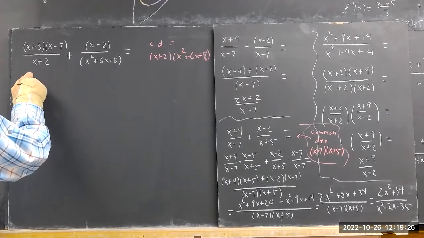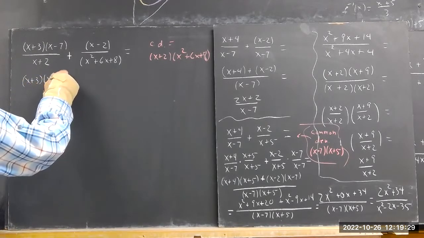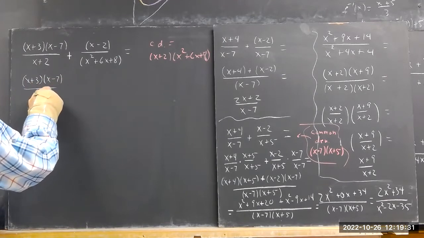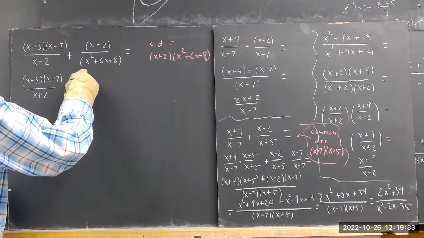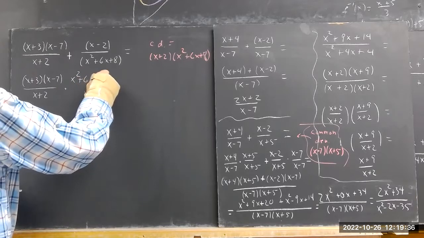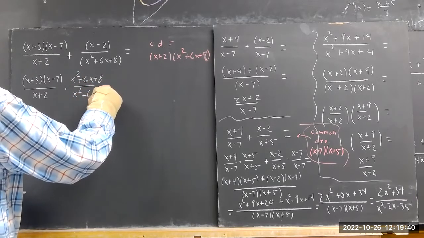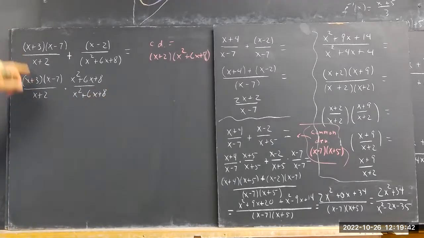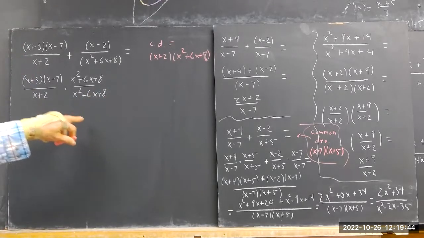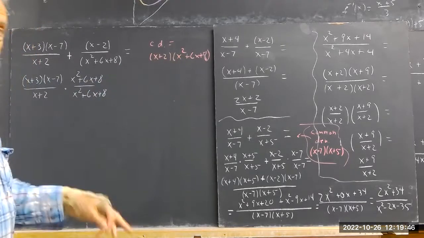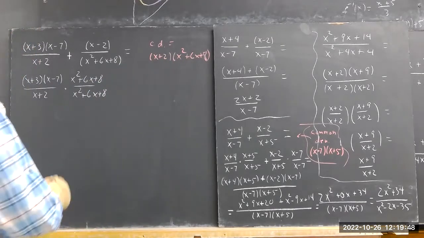This fraction is going to be written this way, and now its denominator is going to be x plus 2 times x squared plus 6x plus 8.